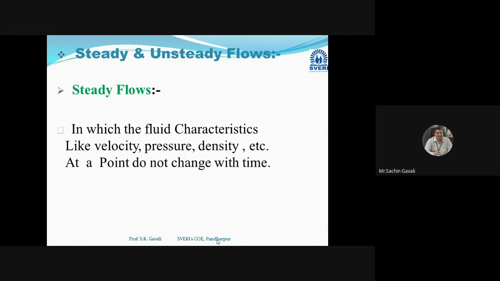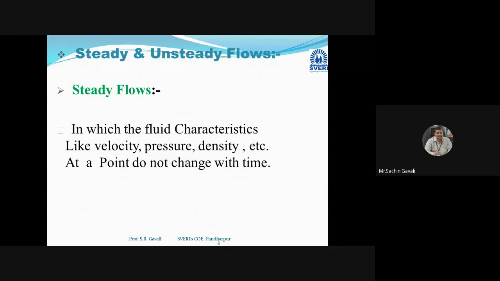Here the space is constant, and we take time as one constraint. Let us consider 11:30. We calculate the velocity at 11:30 at a fixed point, one fixed point we consider as a section.